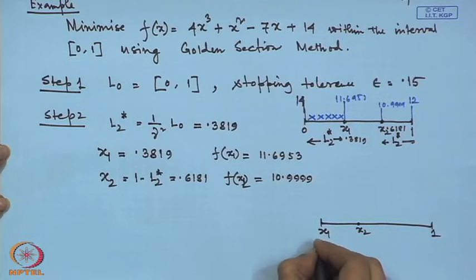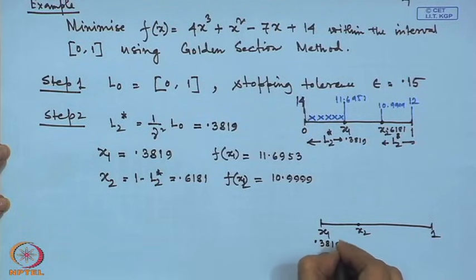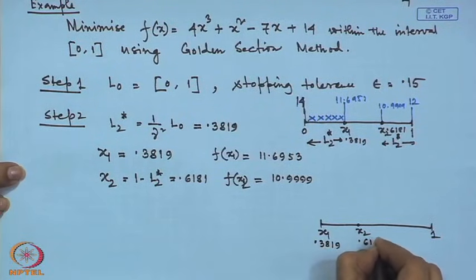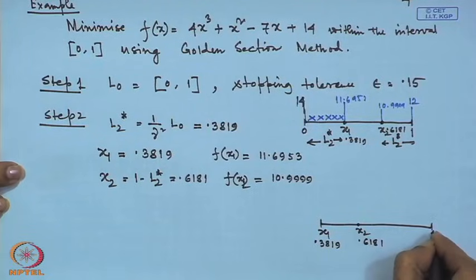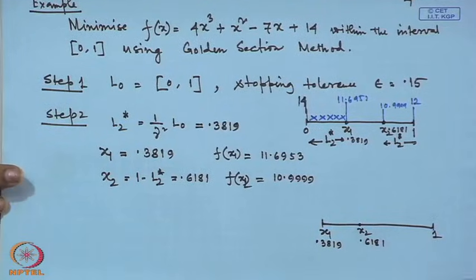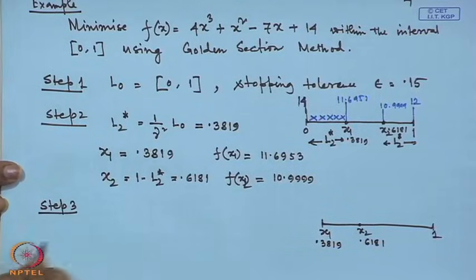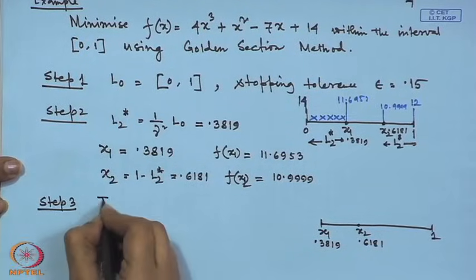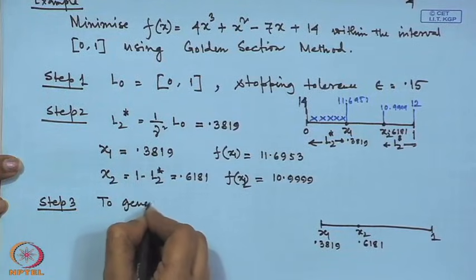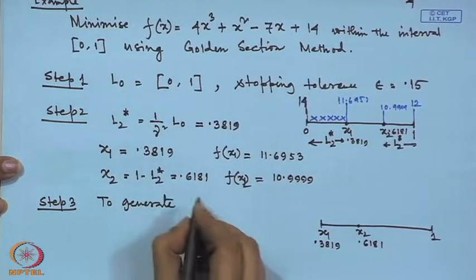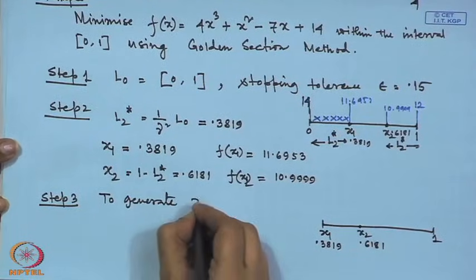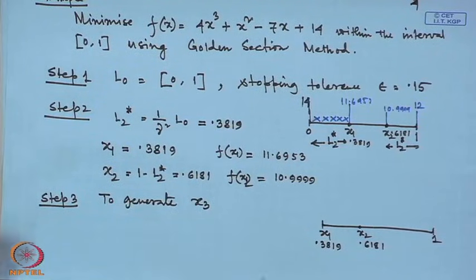X1 is 0.3819, x2 is 0.6181, and this is my last B value. Now we are moving to the next step. We have to generate the next approximation for the optimal solution, that is x3. How to generate x3?